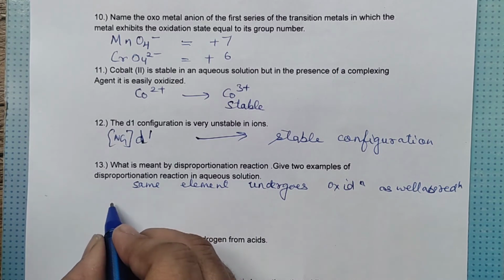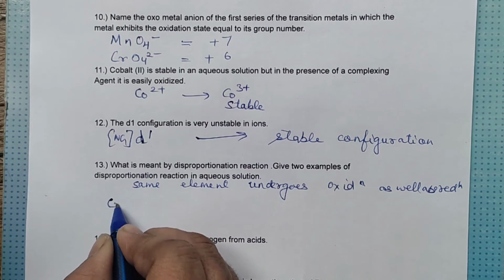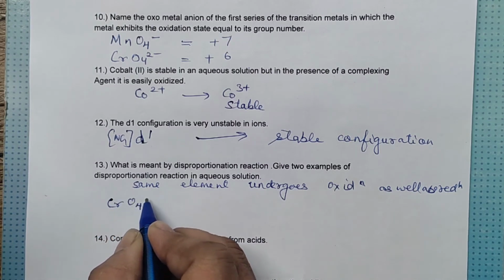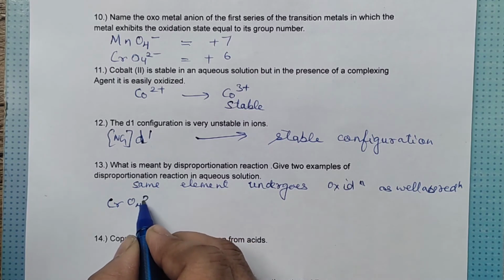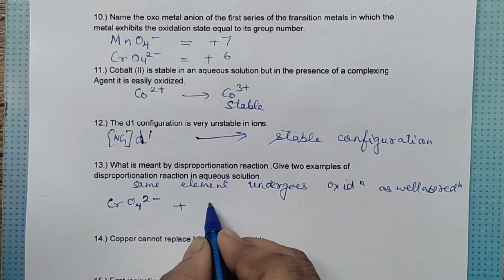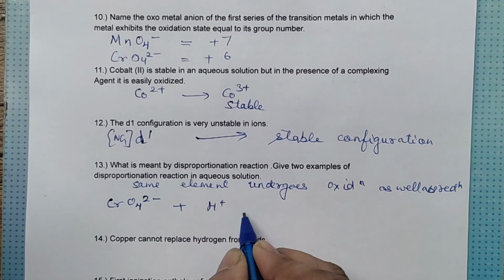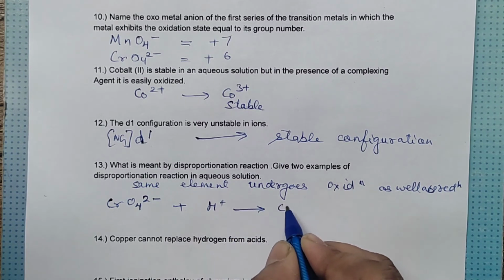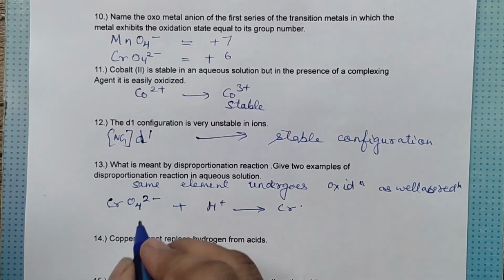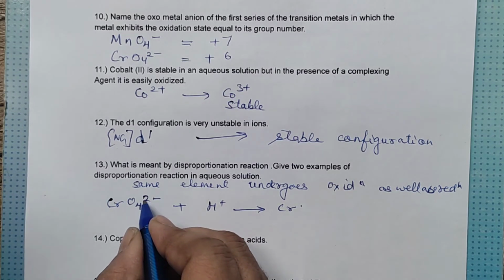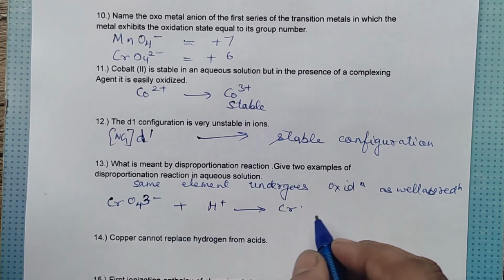So for this you will be writing two equations. CrO4 2 minus plus H plus results in the formation of CrO4 3 minus plus H plus.